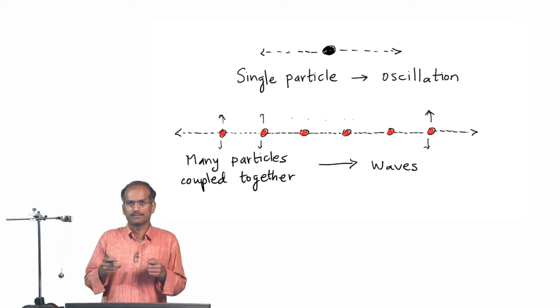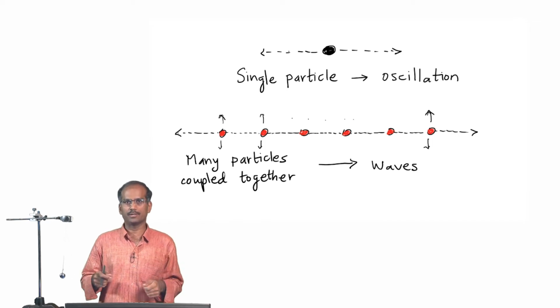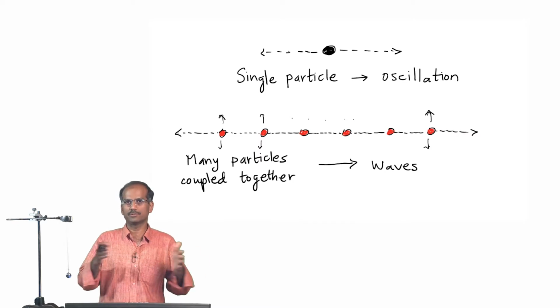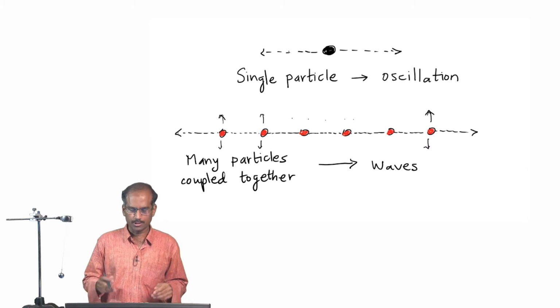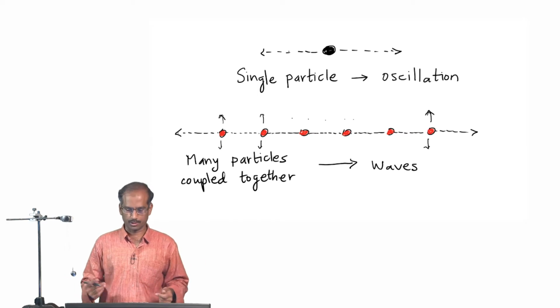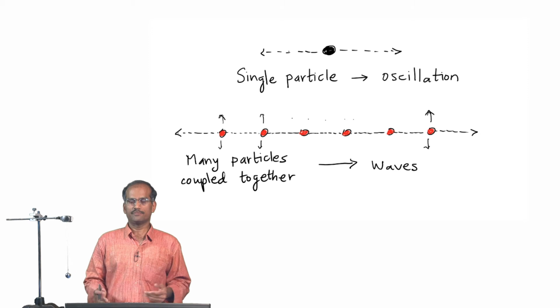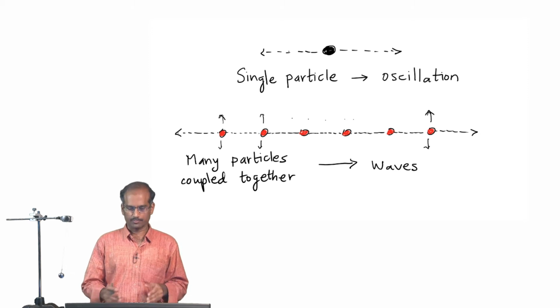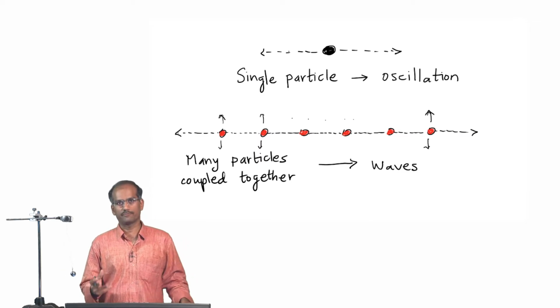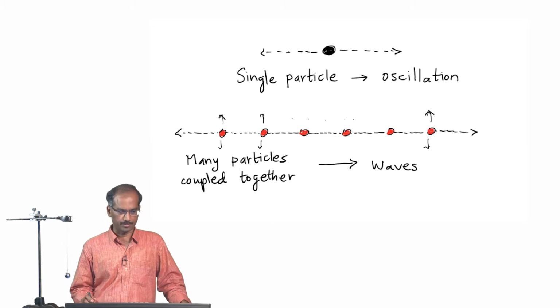So, that is like closely packed particles together, and when you pluck it, you are basically oscillating one particle, but very soon it conveys the disturbance to the ones that are close to it, and soon you see waves that are propagating in both the directions through the string. So, that is a phenomena of waves. So, when you have many particles which are coupled together, they begin to interact with one another, and waveforms are one of the emergent phenomena.